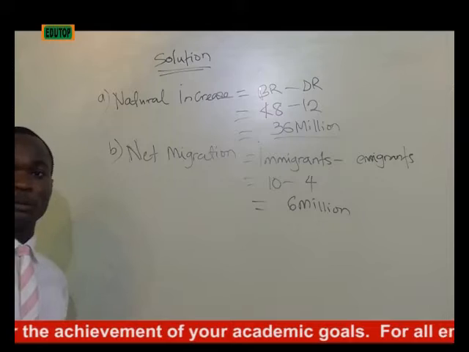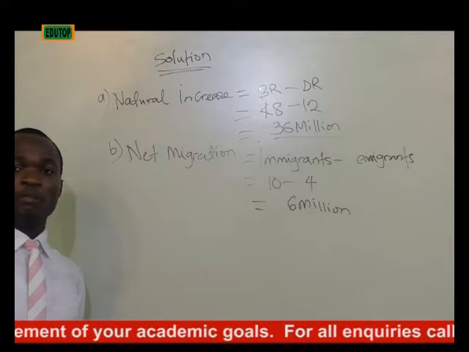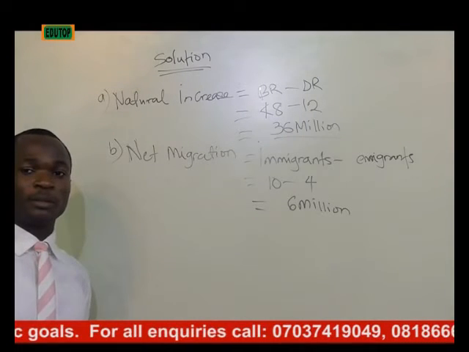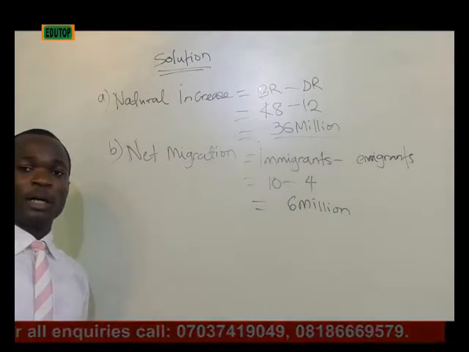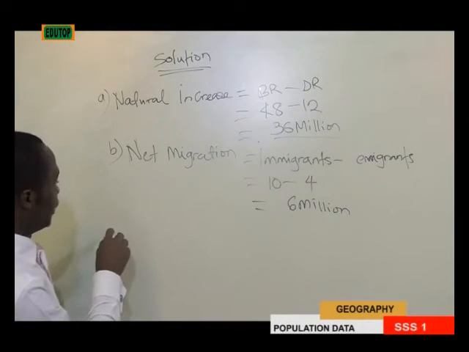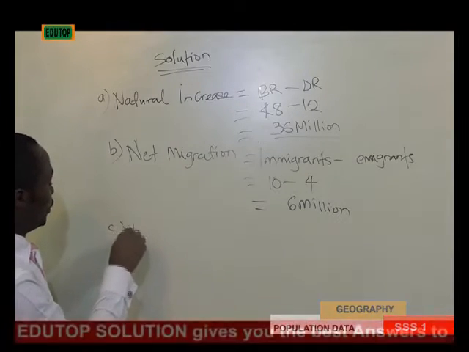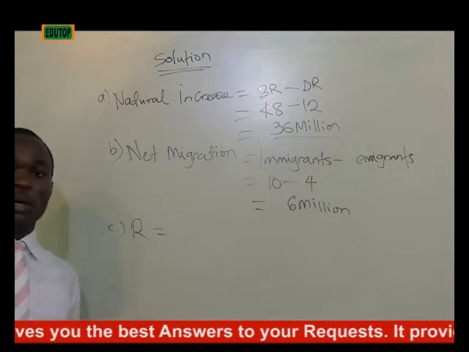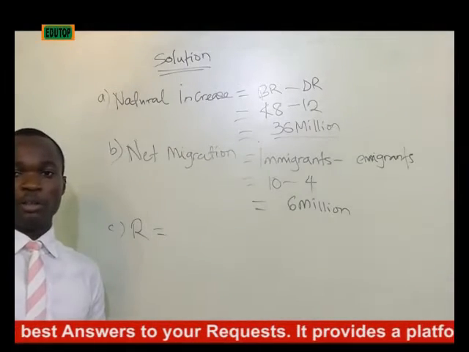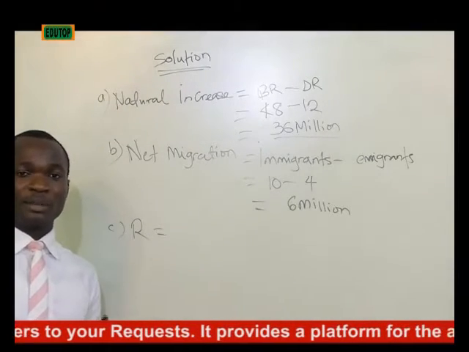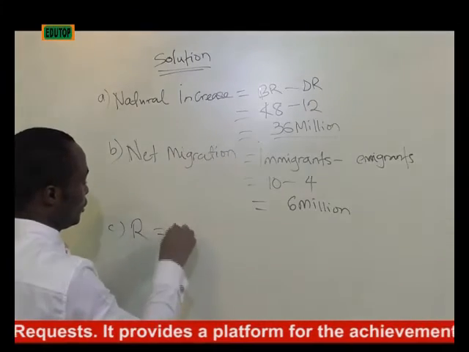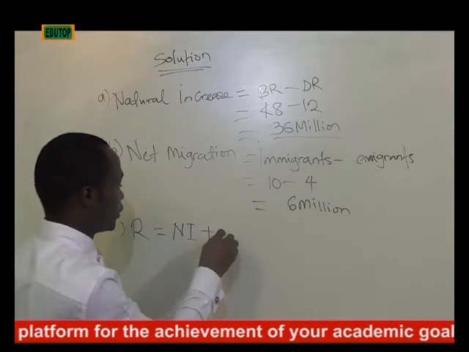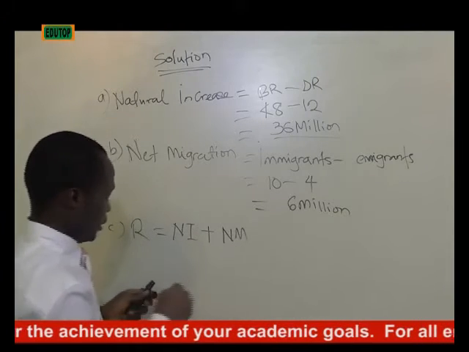The next question is, what is the rate of population growth in 1996? The rate of population growth is given as R, which equals natural increase plus net migration.